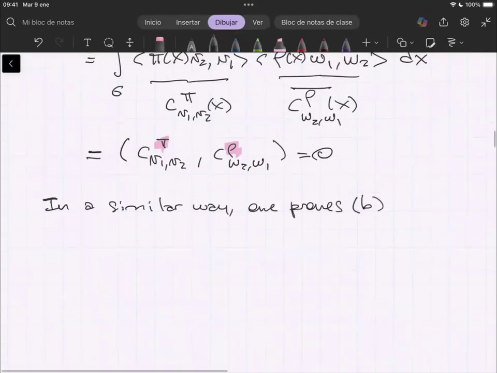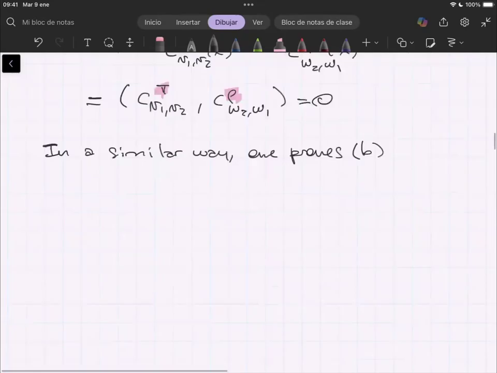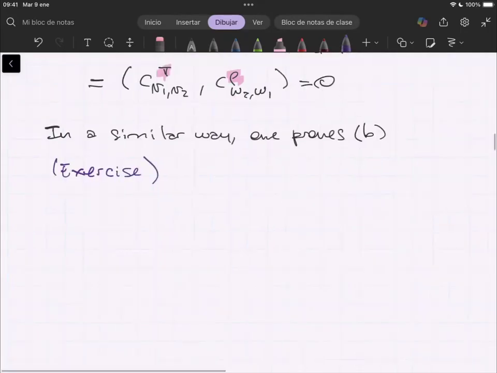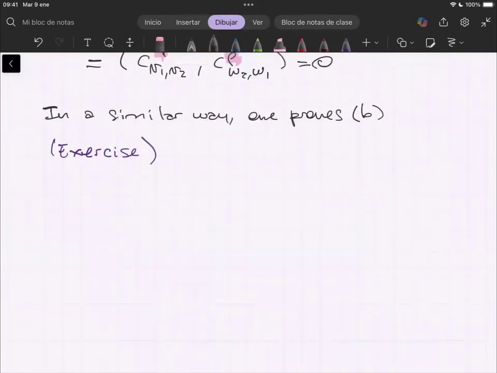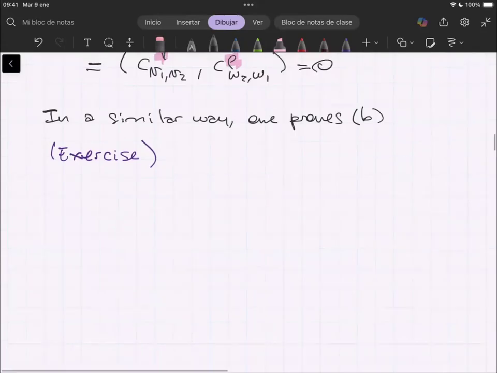Yes, and what to check? I'm not going to do this. I'm going to leave it as an exercise, but I'm going to tell you something so that you can do the exercise without doing a lot of work. Okay, if we take the same representation, then by Schur, T is a multiple of the identity, okay?